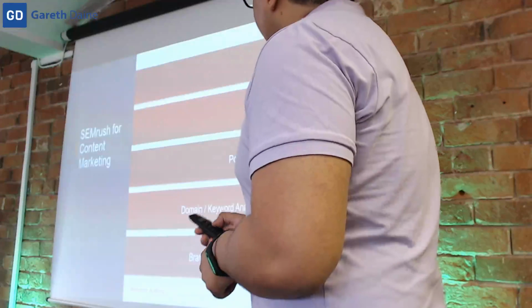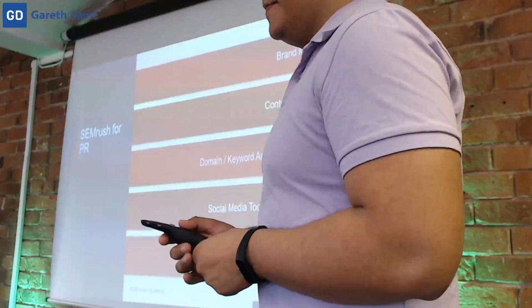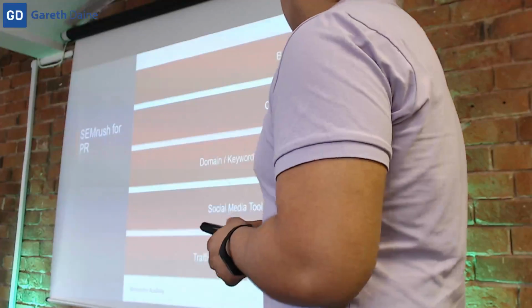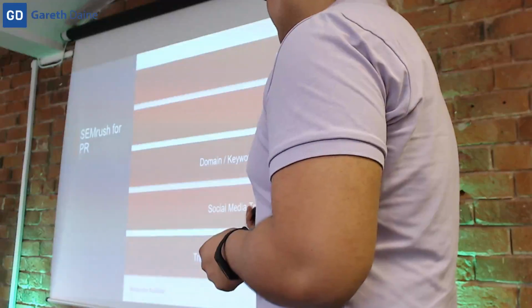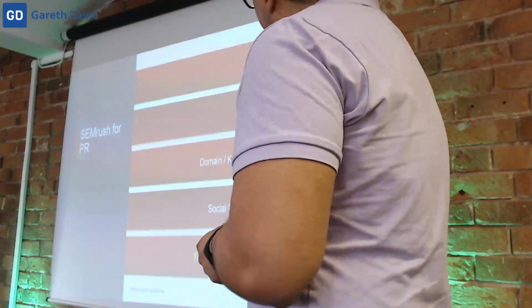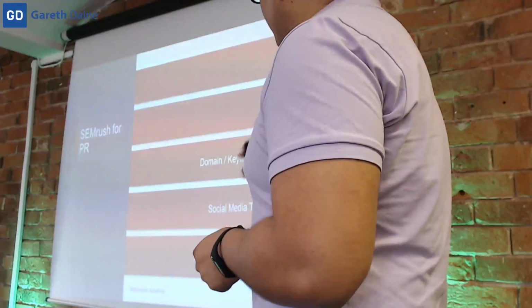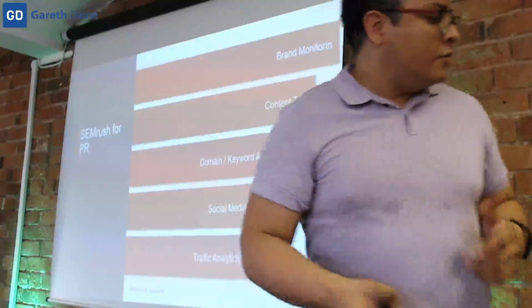We're going to talk about content marketing, SEMrush for PR. So we have the brand monitoring tool, content tool, domain keyword analysis, social media tool, traffic analytics. We have seen already traffic analytics, content tool, domain keywords. Let's take a look at the social media tool and what we can do there.